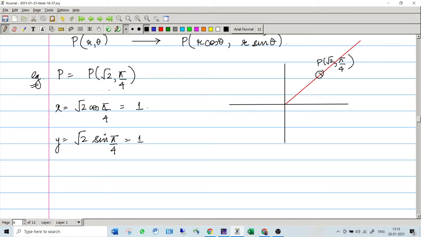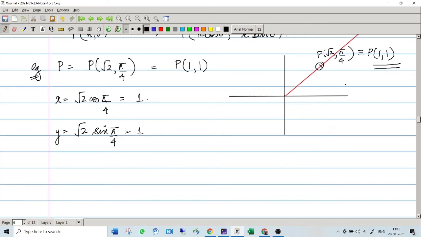So the point P is 1 comma 1 in the Cartesian plane. The Cartesian coordinates of the point root 2 comma pi by 4, which was given in polar coordinates, are 1 comma 1. So this point P can also be written as 1 comma 1 in the Cartesian system, right? Is there any doubt so far?